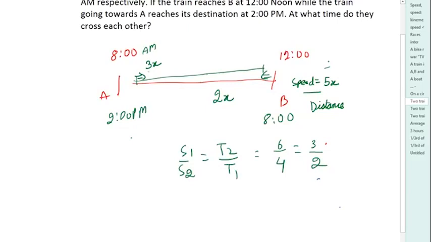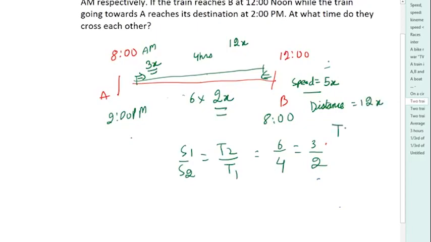The train traveling at 3x takes 4 hours, so the distance will be 12x. Or we can take the train traveling at 2x, which takes 6 hours, and the distance will be again 6 into 2x, 12x. So the distance is 12x.